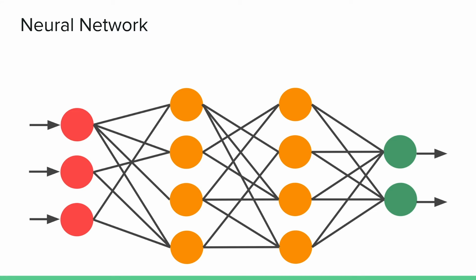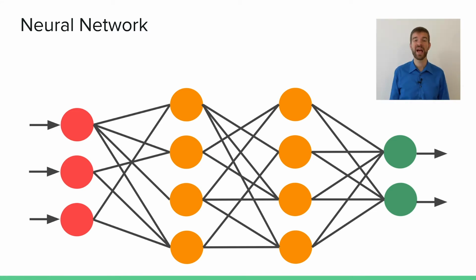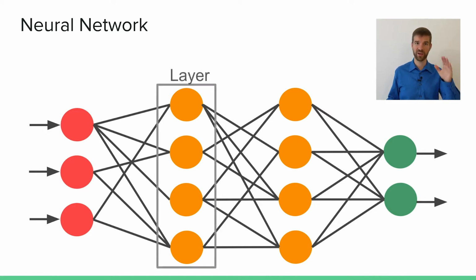So, I've already thrown this term around a bit, but let's make it a bit more formal. A neural network consists of several neurons that are connected to each other, and if they are arranged in a certain way, we call this a feed-forward neural network. In this case, we have multiple parts of our neural network, and all neurons that share the same inputs and outputs, we call a layer.